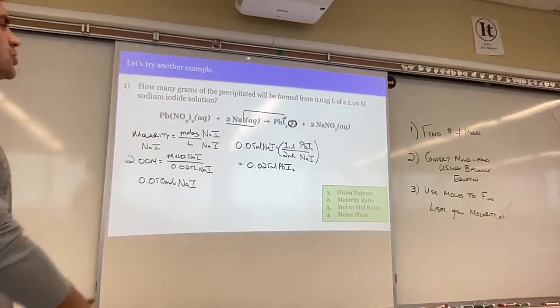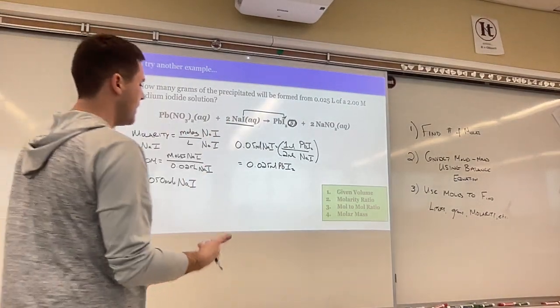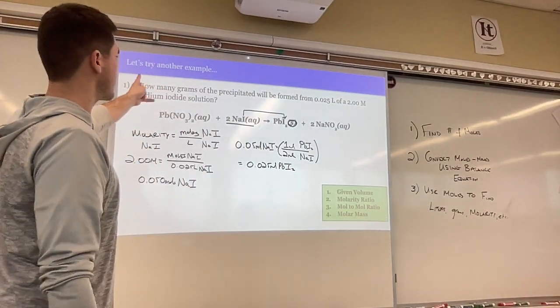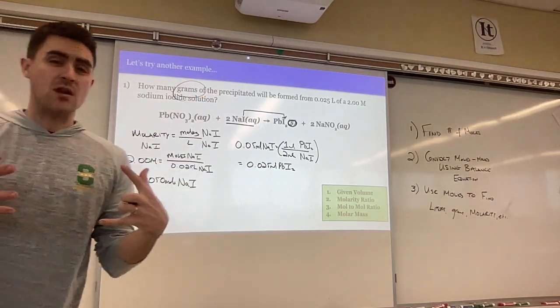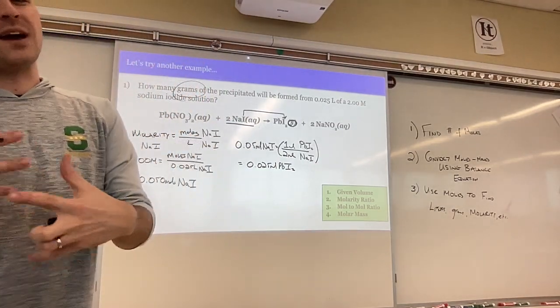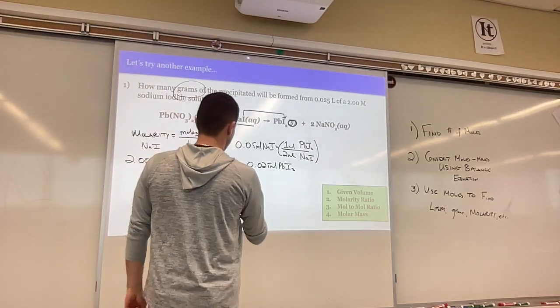Last step says use this number of moles to find liters, grams, molarity, etc. And in this problem, I'm asked to find how many grams there are. So given the number of moles, trying to find grams, I'd better use molar mass.